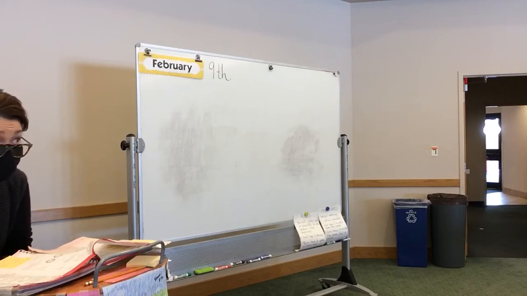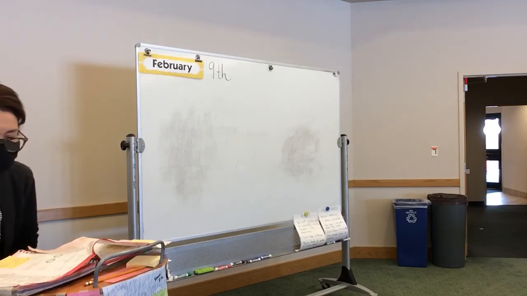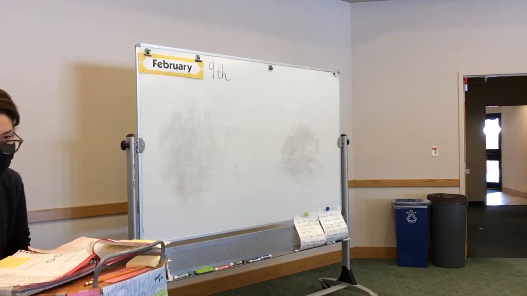What is number A? 371,285. And then D, the last one, is 72,604.